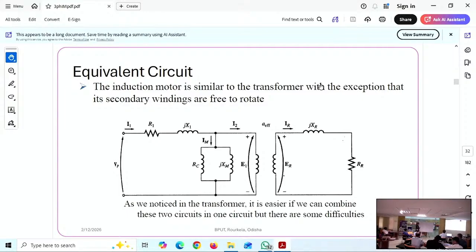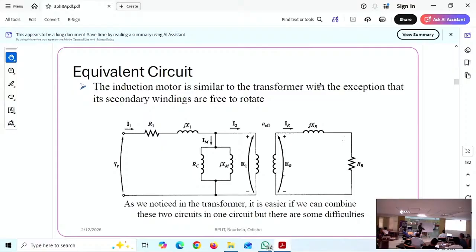So X2 dash equals X2 into the ratio squared; here it is not Z1, it is Z2. You are referring X2 to the primary side, the stator side, so you multiply by this ratio squared, and this equation is satisfied.